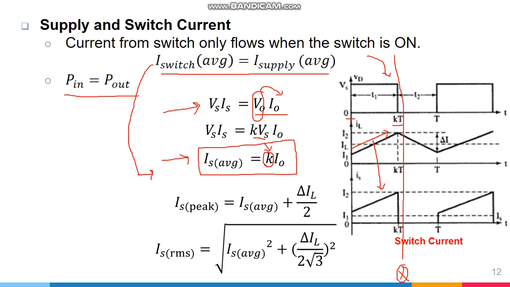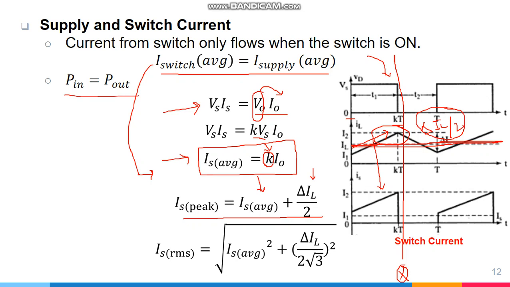Now the peak value of the current from the switch is equal to the average value of the current flowing from the switch plus this ripple, delta IL by 2. If this is the average value of the current flowing from the inductor or from the switch, then this is the ripple, the peak value delta IL by 2, that is flowing from the inductor.